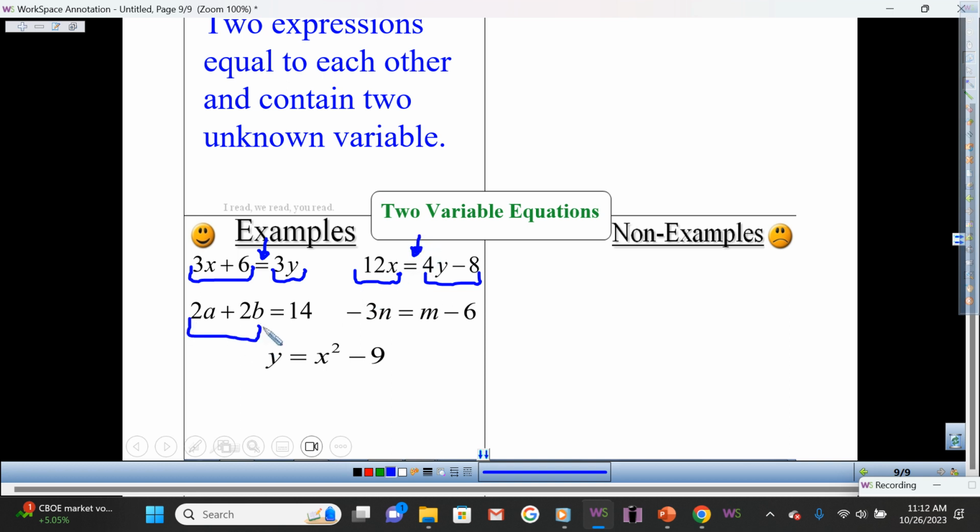Expression, expression, equal. And what else does it say? Containing two unknown variables: x, y, a, b, n, m, y, x. Straightforward, yes?